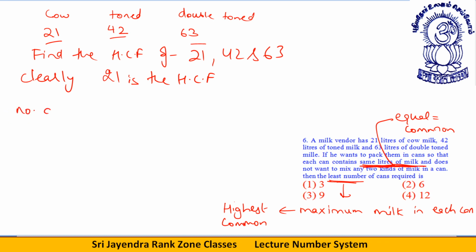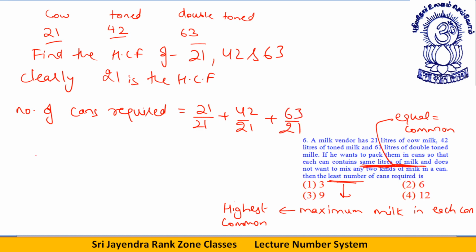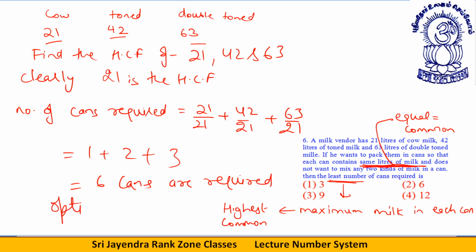Now what are the number of cans required? The number of cans required are first of all 21 by 21 plus 42 by 21 plus 63 by 21, that is 1 plus 2 plus 3. 6 cans are required. Option number 2 is the answer.